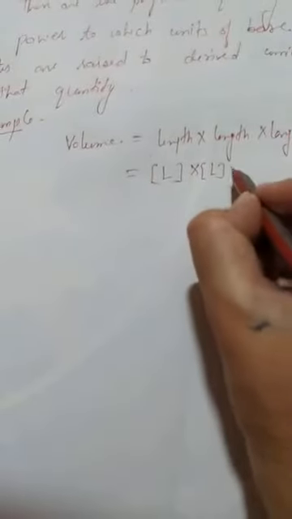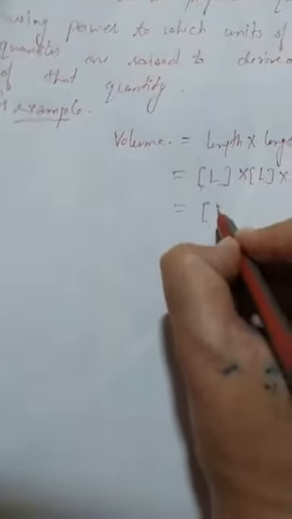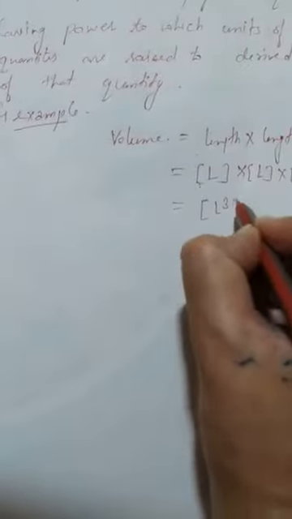That means we deal with the dimension of the quantity. This is the identification of the dimension: each dimension we keep in a square bracket, L into L into L. When we combine all three within the square bracket, it will be L cube.